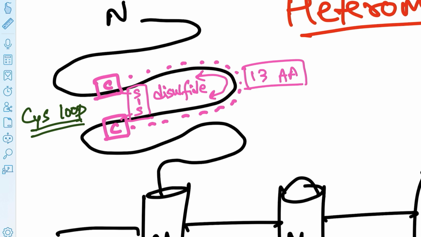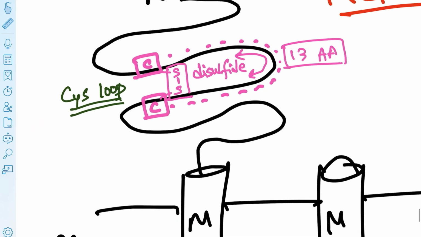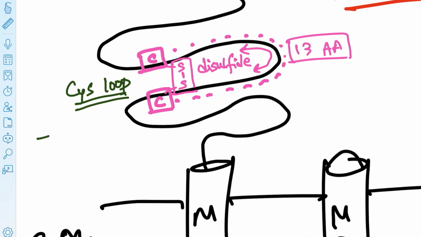Now this is very important, as this is basically a common or conserved structure present in different ion channels, and there is a complete family of ion channels which has this common cysteine loop formation. For example, the cysteine loop formation takes place in GABA receptors or GABA ion channels. It is also present in the glycine ion channels, right?